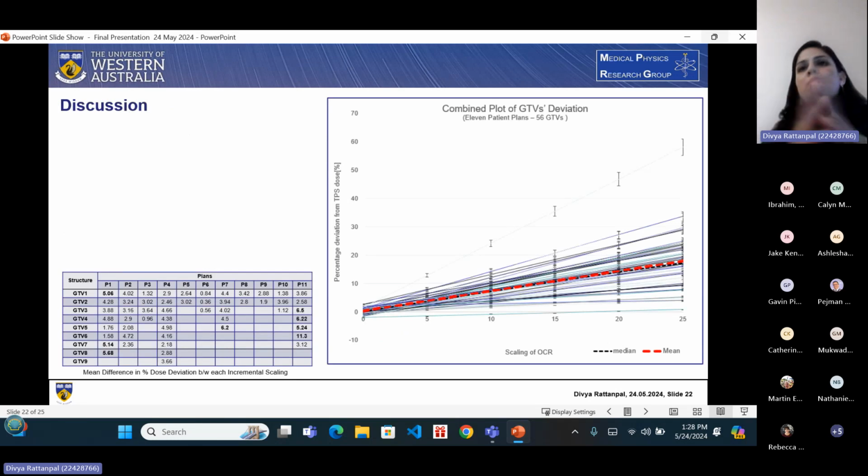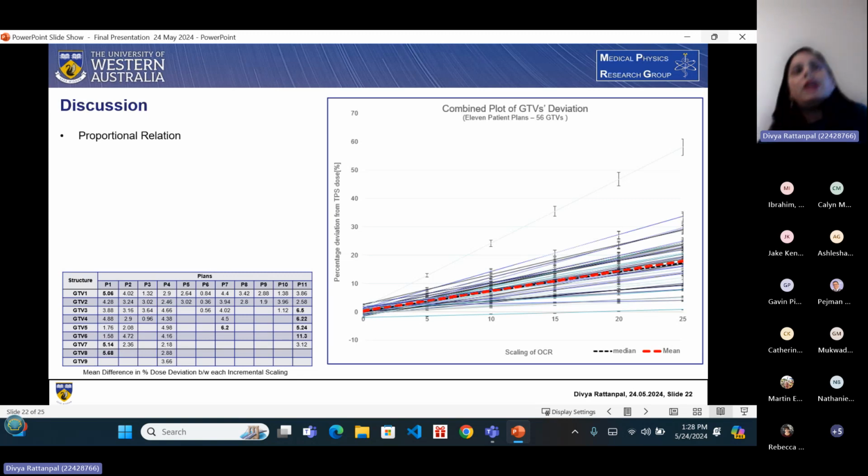So here is the combined plot of all the GTVs across 11 patient plans. There are 56 GTV lines in this plot, and all the lines are clustered around the mean, showing a consistent response across most of the patient plans, but still there are lines that are away from the mean.